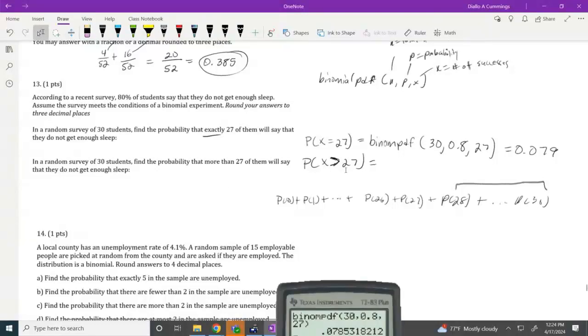So the probability that x is greater than 27 is going to equal 1 minus the binomial CDF for 30, 0.8, 27.